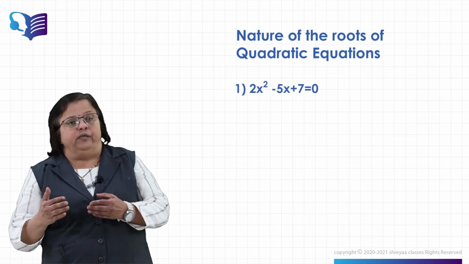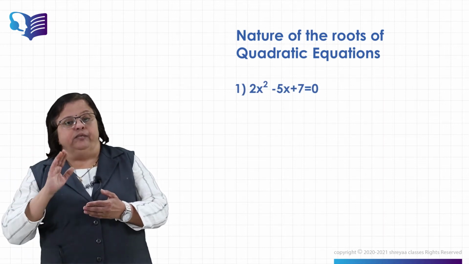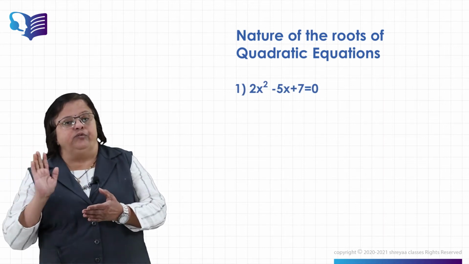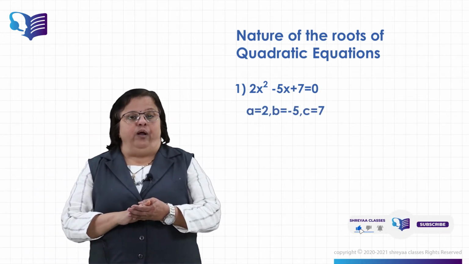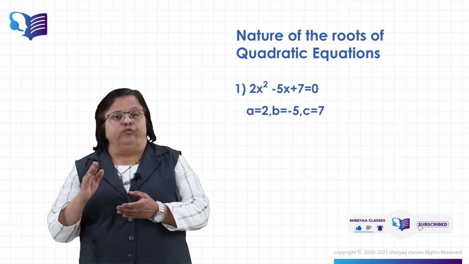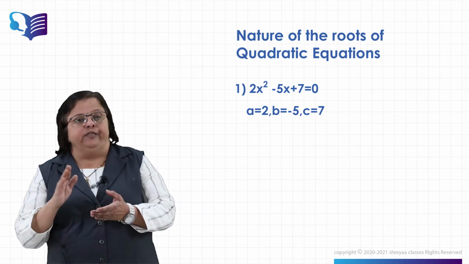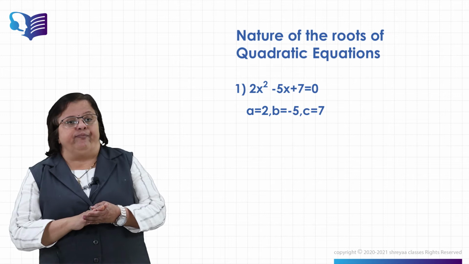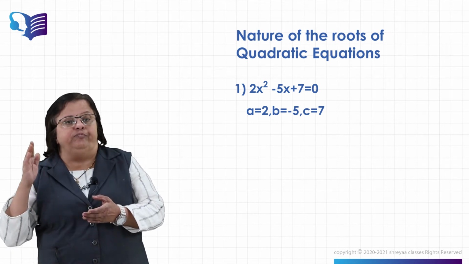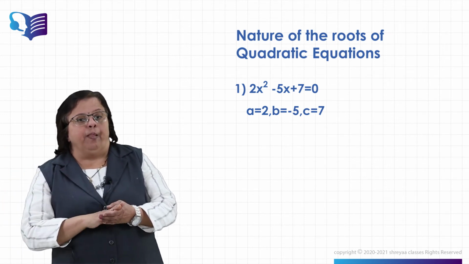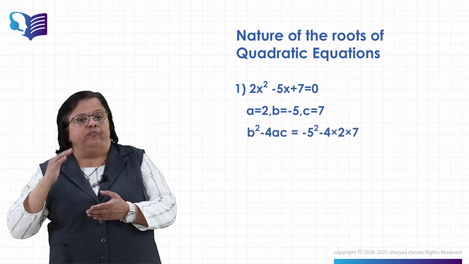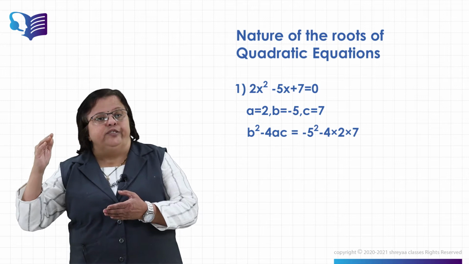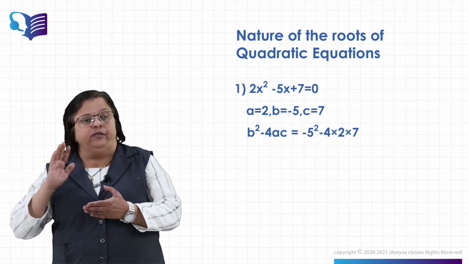2x square minus 5x plus 7 is equal to 0. So here a is equal to 2, b is equal to minus 5 and c is equal to 7. Let us find out the value of b square minus 4ac. b is equal to minus 5, so minus 5 square minus 4 into a is 2 into c is 7.